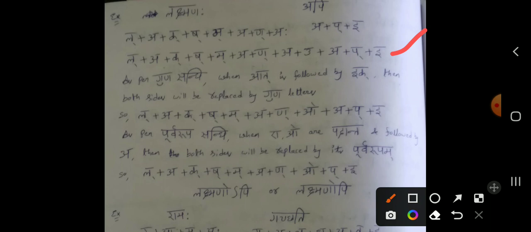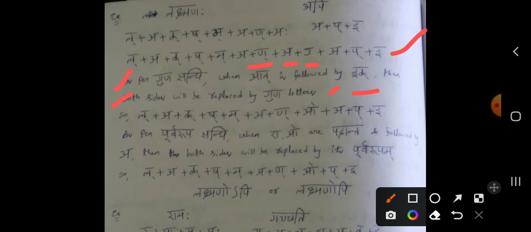And now see here, A plus U. Here another Sandhi will apply. If you have seen my earlier videos, when we explained Gunasandhi: as per Gunasandhi, when Ath letter, Ath means A or Aa, when any of these letters are followed by Ik letter, then both sides will be replaced by Guna letters. This is the definition.